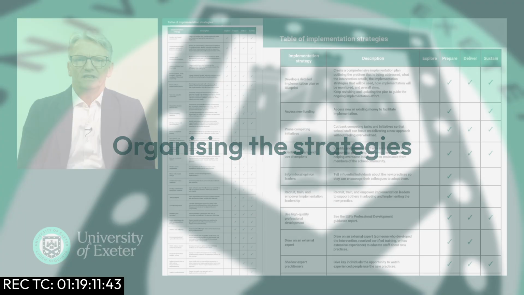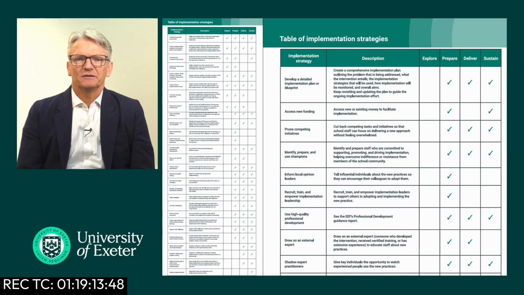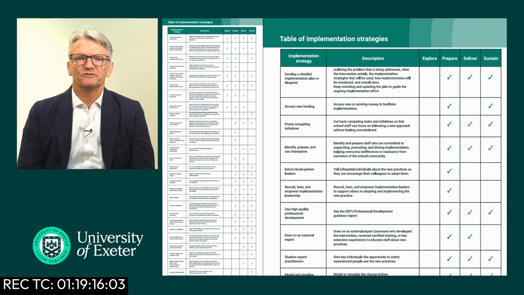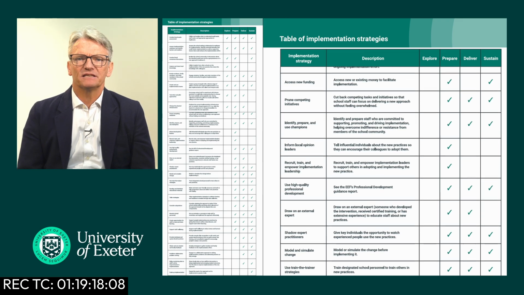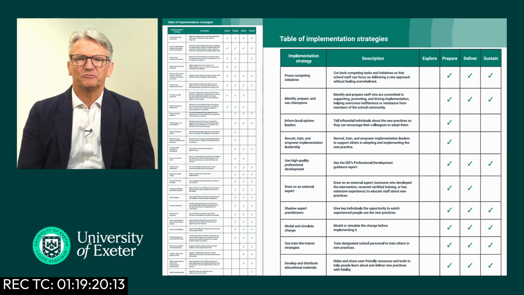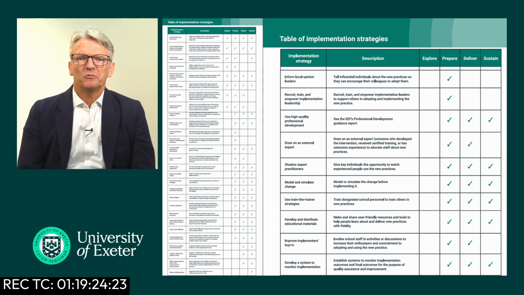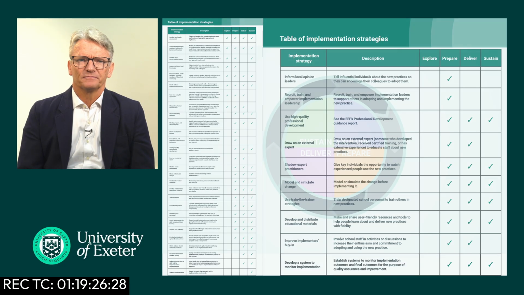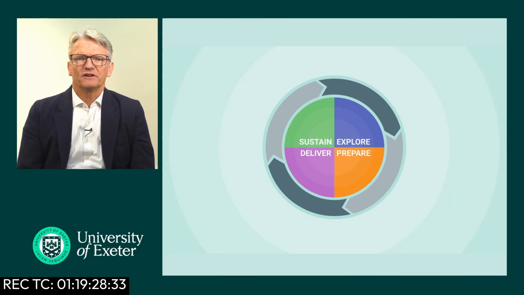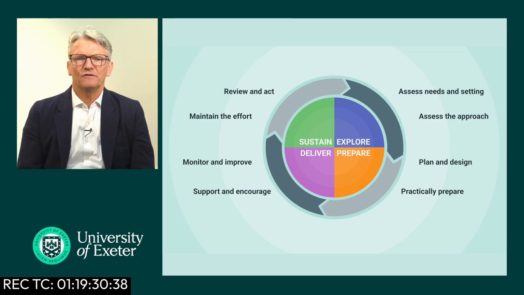As there are more than 30 individual strategies, it is understandably helpful to categorize them into groups of strategies that might be selected at similar times in the implementation process, or have a similar purpose. There are a couple of examples of this. One is from the EEF Guidance Report that indicates 8 overarching strategies that map onto different phases of implementation.